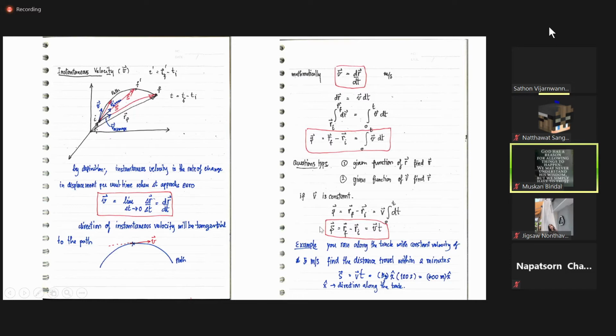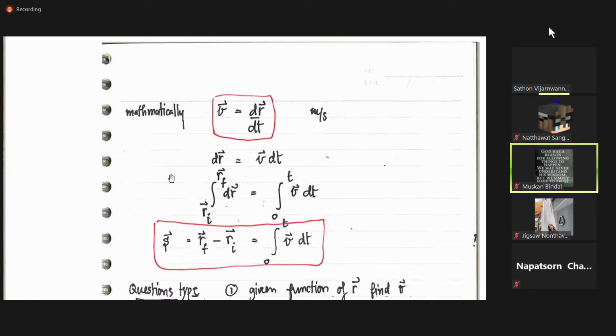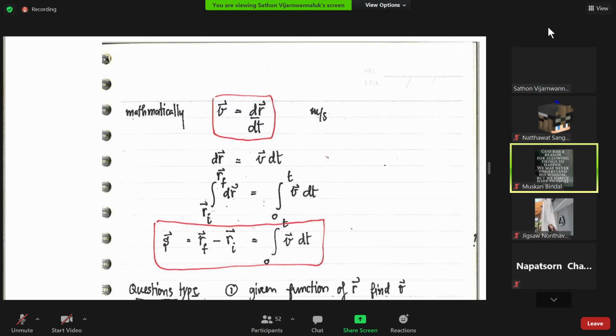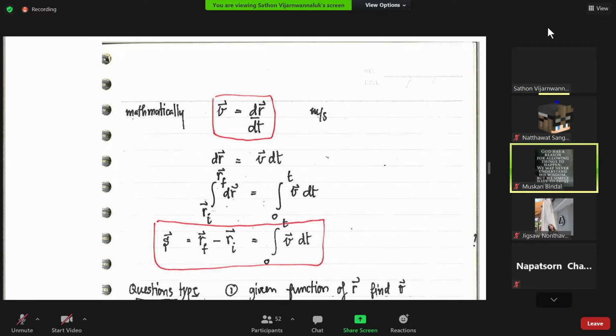Mathematically, let me use the magnifier. If we define velocity as dr by dt, you can write it backward as dr equals v dt. Then doing an integration, from ri to rf of dr equals the integration from 0 to t of v dt.